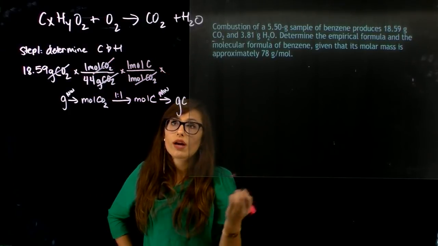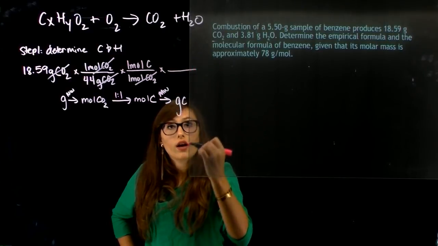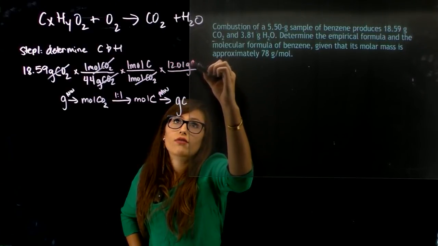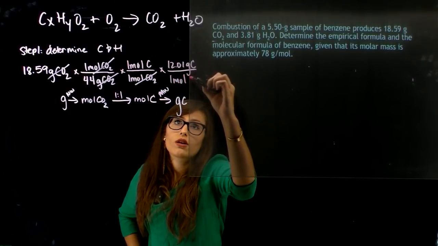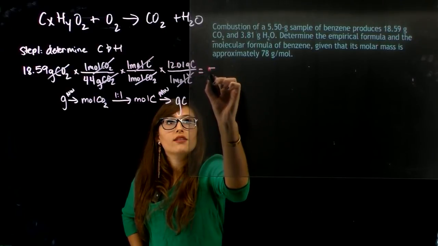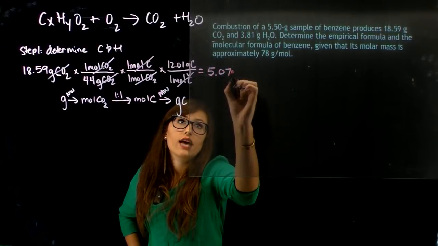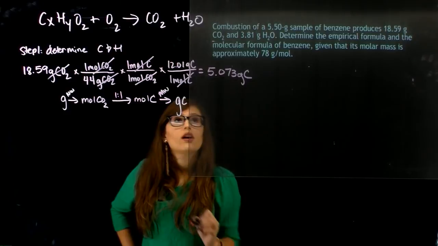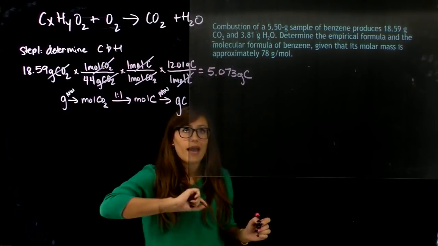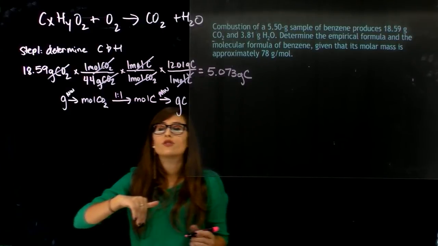Then we go to grams of carbon using the molecular weight of carbon, 12.01 grams per 1 mole of carbon. Moles cancel out, and I end up with a mass of 5.073 grams of carbon.